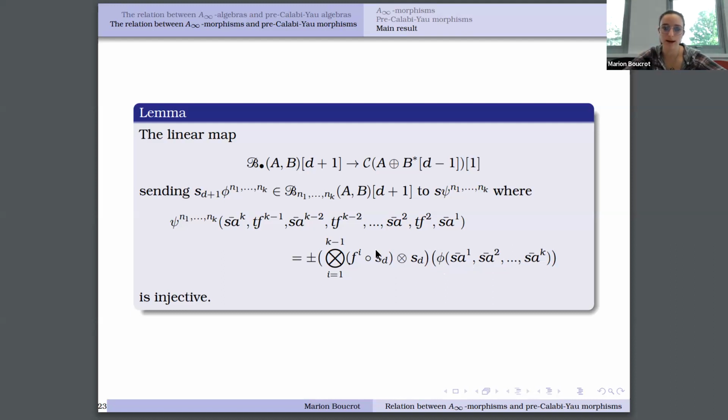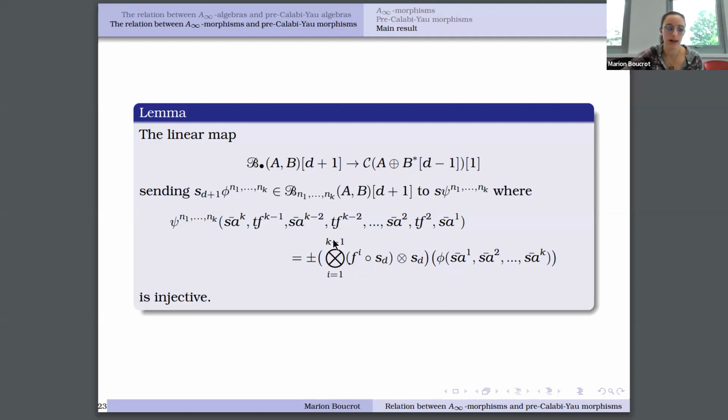And so this application is given, up to a sign, by this. Here we apply our map phi to all the elements of A. This gives us k minus 1 elements in B shifted by minus D that we will use as arguments for the maps in B star shifted by D minus 1.